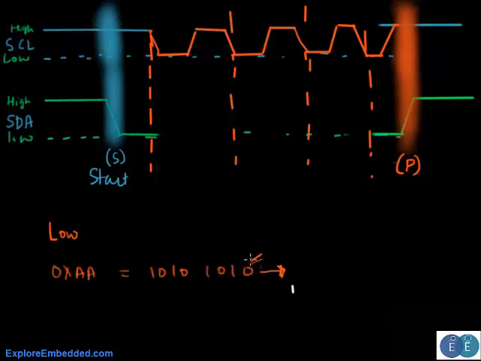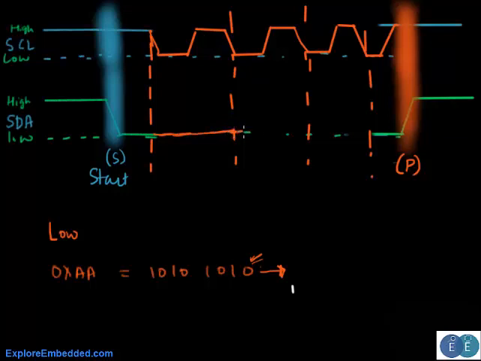So let's say we want to transmit a 0. Now, as said earlier, the transition should occur only when the clock line is low. So say this is low and it continues to be low since we want to transmit a 0. Now it should not change when it is high, so it should remain low.